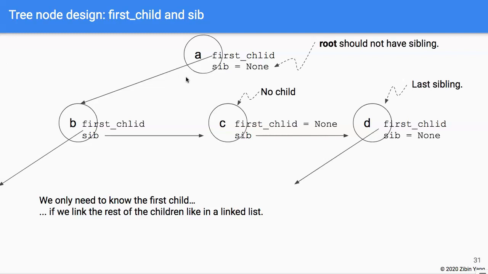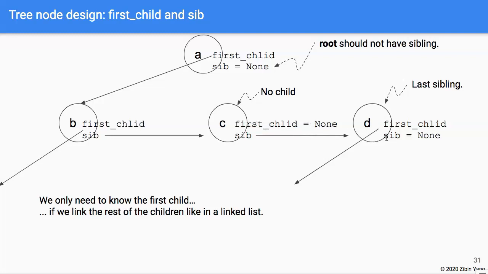Now, in that case, then what is the sibling of the root node? Well, root by definition has no sibling. It's the top of the tree, right? So its sibling pointer would be pointing to nothing, none in this case. And for nodes that do have children, its first child would be pointing to its first child node, and those nodes which do not have child nodes, then its first child would point to none, right?